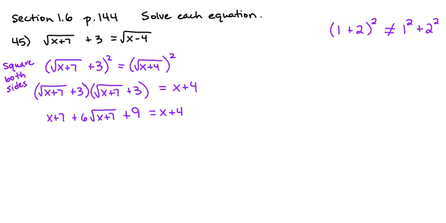Okay, this looks pretty messy. It kind of looks worse than it did to start with, but that's temporary. Let's clean it up by keeping the radical on one side and getting everything else to the other side. So I'm going to keep the 6 square root x plus 7, but I'm going to subtract x from both sides, subtract 7 from both sides, and subtract 9 from both sides.